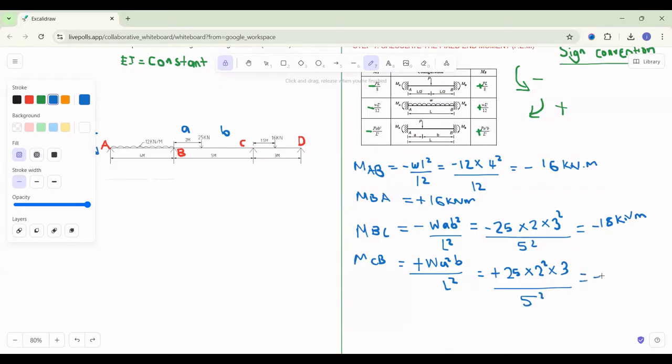If you work this out, you'll get 22 kilonewton meter. Now we come to span CD.